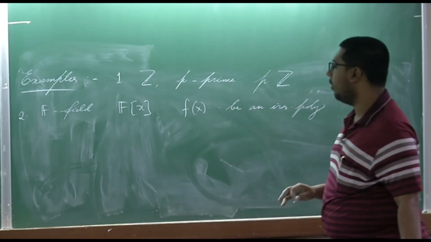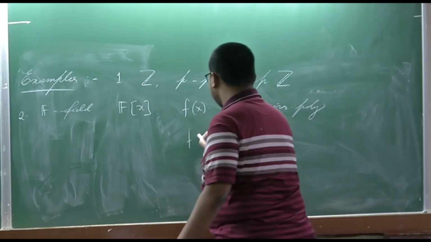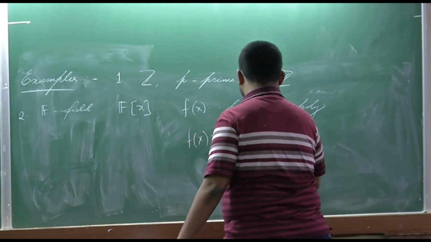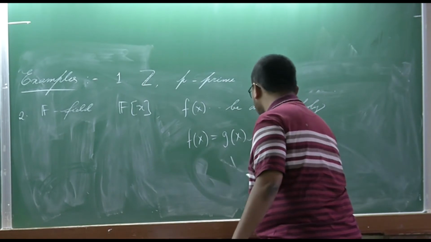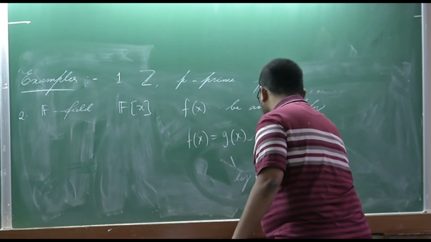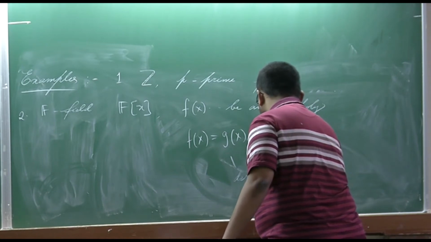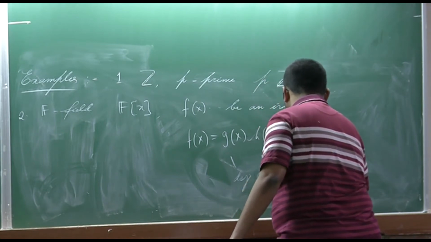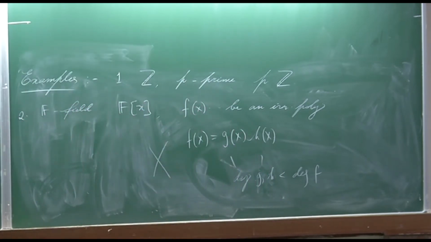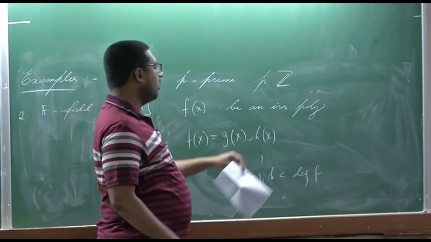By an irreducible polynomial, what I mean is that no such factorization exists such that both factors have degree strictly less than that of f. So, this is not possible. If there is any factorization at all, then one of them must be constant.